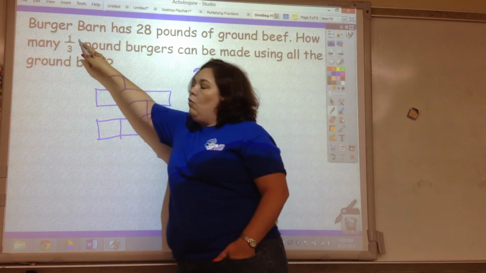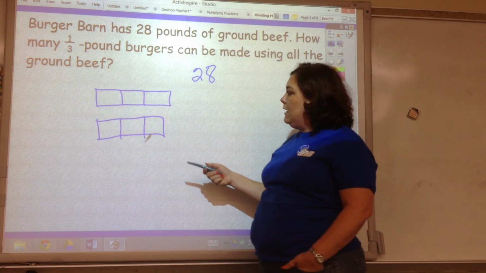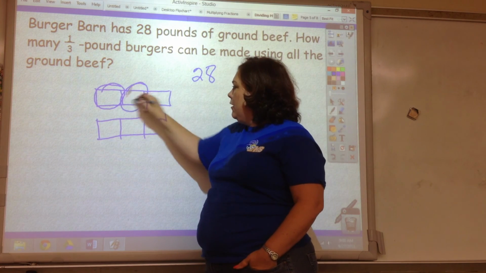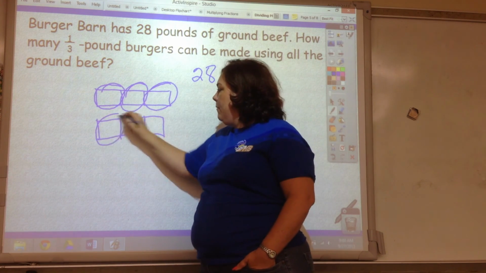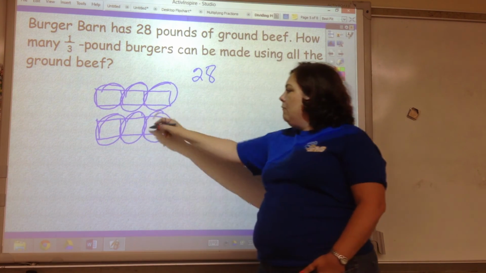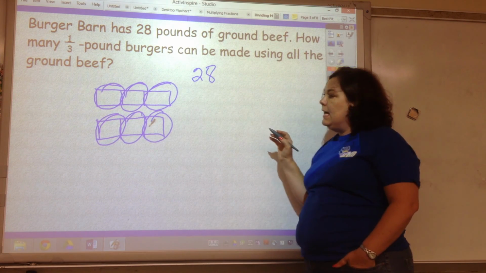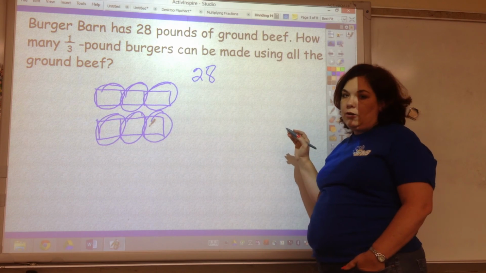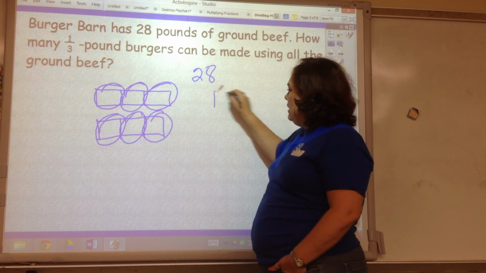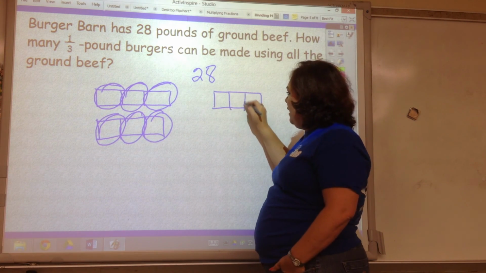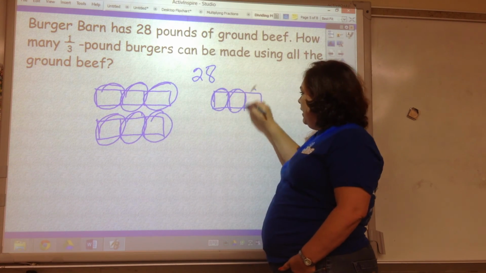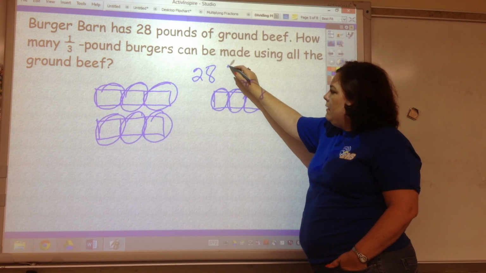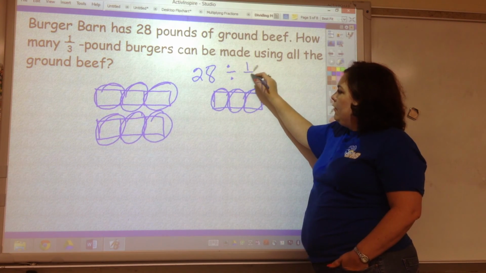I'm doing them in thirds because each one of these is a patty that's worth 1/3 of a pound. So how many of these will I get if I have 28 pounds and they go into thirds? As you can see, each whole is broken up into thirds. And so my number sentence is 28 divided by 1/3.